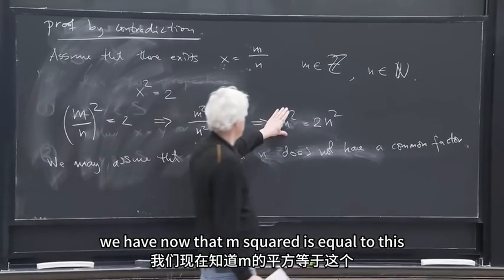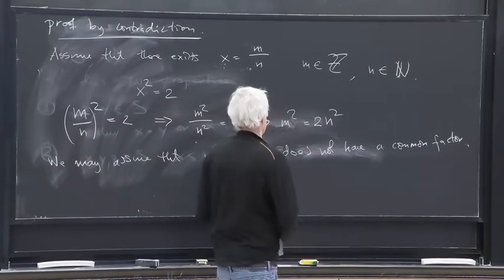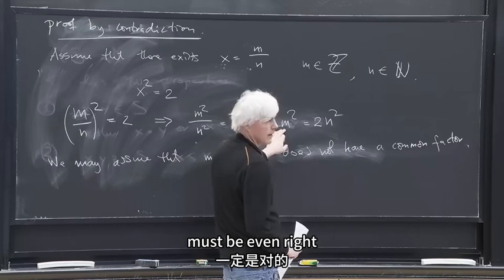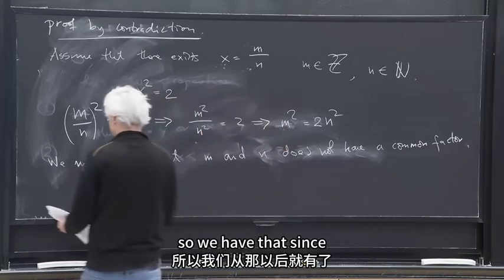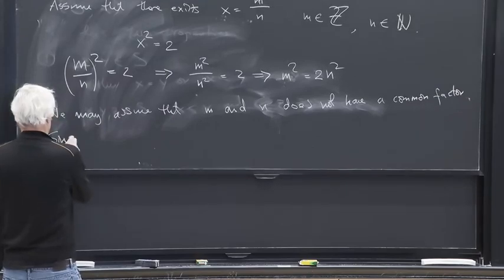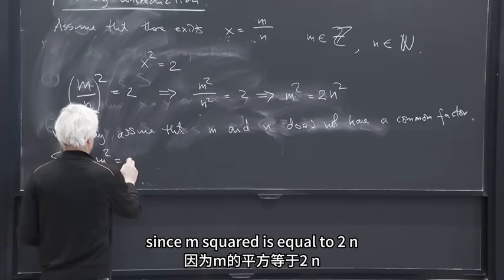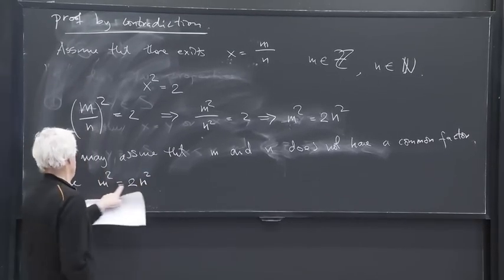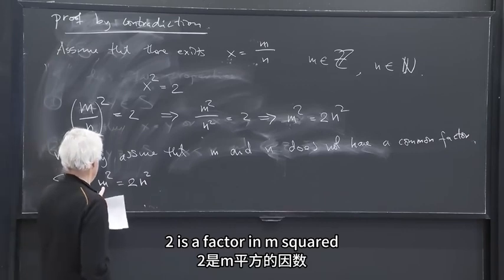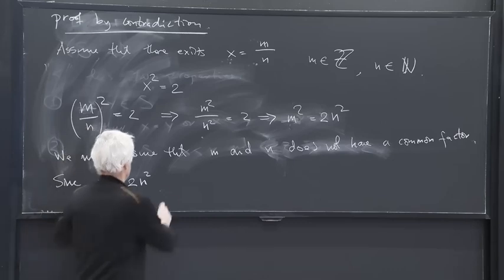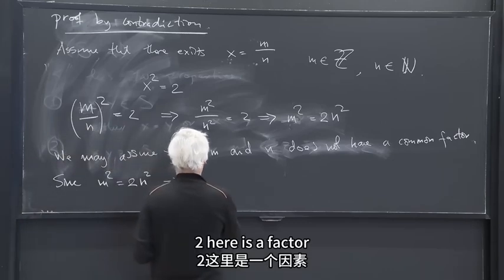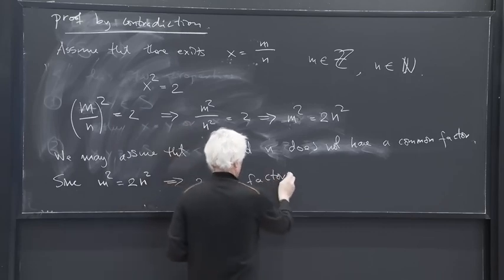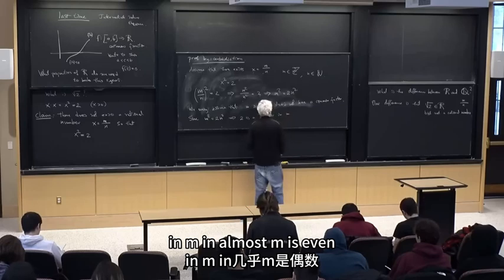We have now that m squared is equal to 2n squared, but this means that m must be even, right? Since m squared is equal to 2n squared, it means that 2 is a factor in m squared, so it must actually be a factor in m. In other words, m is even.